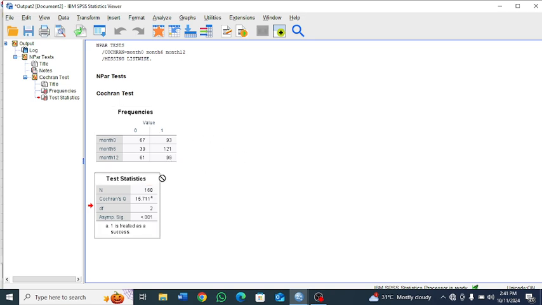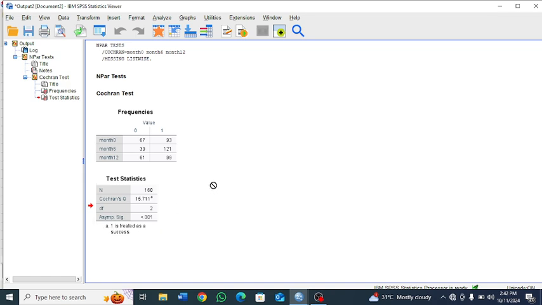So is there any significant difference between this distribution? That is where the Cochran's Q test comes in. You can see the number of participants is 160. This is the Cochran's Q statistic, 15.711. The superscript A indicates that 1 is treated as a success.